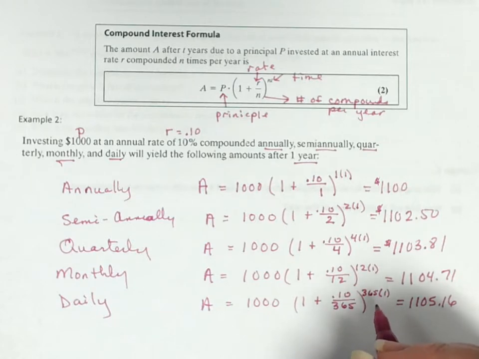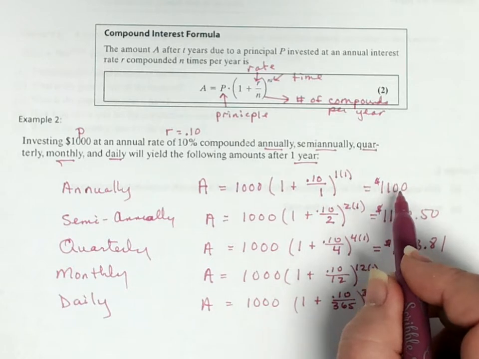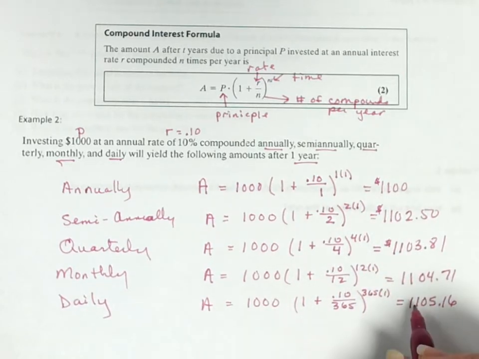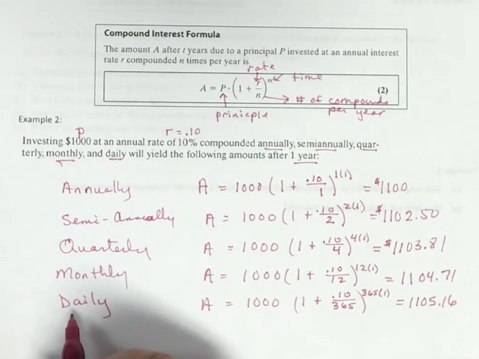So think about a bank. You borrowed money from them. If you just compounded annually, they'd make $100 in interest off of you. But if they compound daily, they make $105.16 off of you. Add that up with all the customers they have, and you can see the reason that most credit cards will either charge you monthly compounding or even daily compounding.